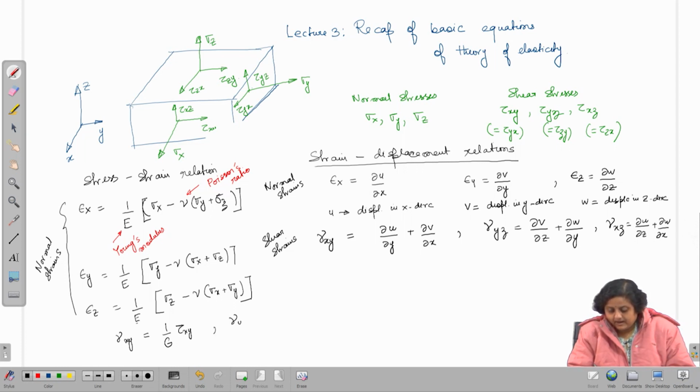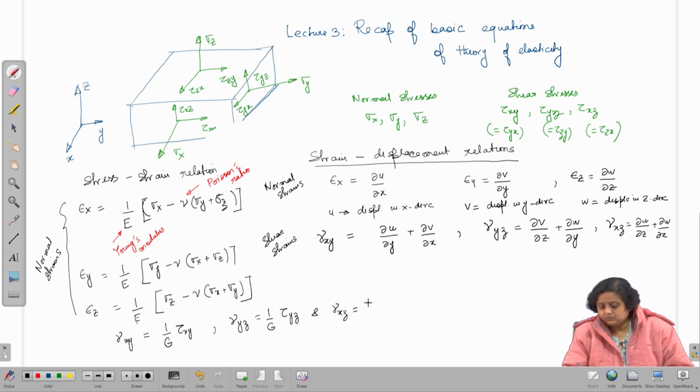Similarly, gamma y z is 1 by G into tau y z, and gamma x z is 1 by G into tau x z, where G is the shear modulus.